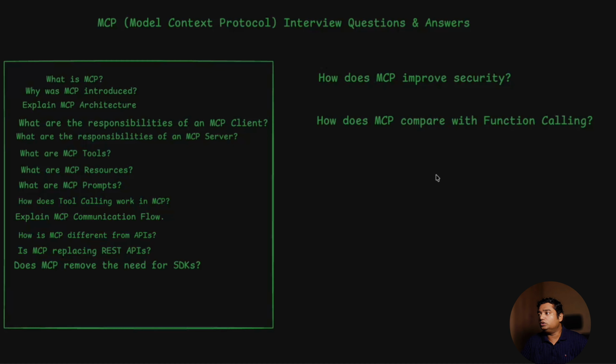In MCP, we don't write a function call for each tool; that is taken care of by the MCP server. From the perspective of an AI application developer, you don't need to write a function for each activity, as we have seen multiple times. So MCP is different, and function calling is different.